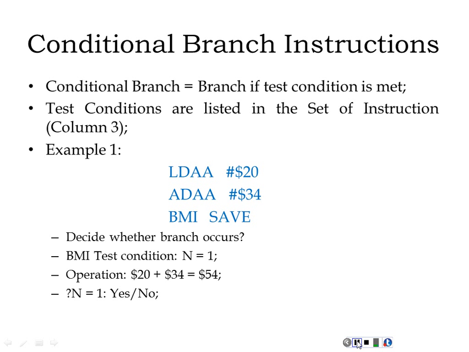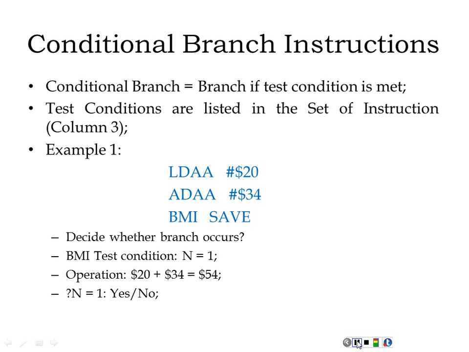Okay. Now, if you look at all three lines starting from line 1, what happens in line 1? In line 1, 20 is loaded. 20 is the data, right? 20 is loaded into accumulator A. In line 2, you are adding 34 with the 20, right? This is an addition.